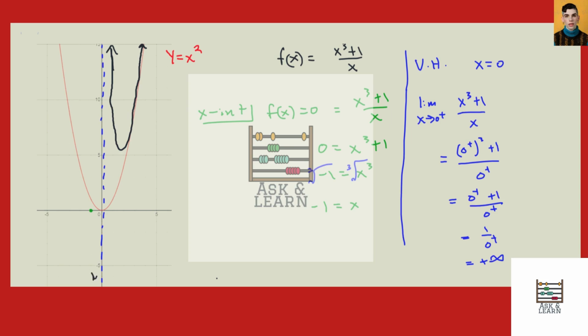And then on this other side, we're going to come up from negative infinity. We're going to have to cross our x-intercept, and then we're going to get very close to x squared, and then just follow this out to infinity. So this is how we could go ahead and use that this function approaches essentially the same as x squared to get a nice sketch of this graph.